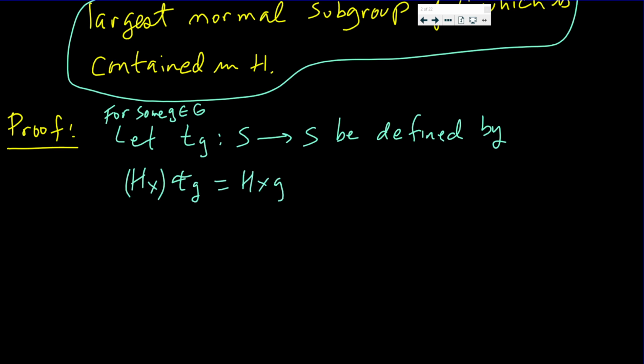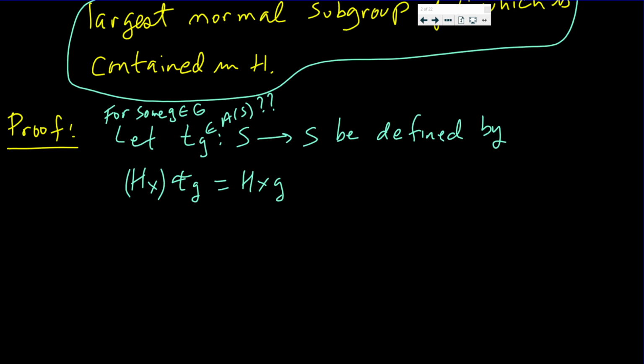This is just Hxg. That's all it is. Now I'm going to show that tau sub g is in the set A of S.